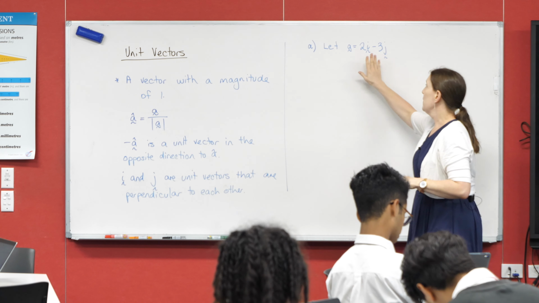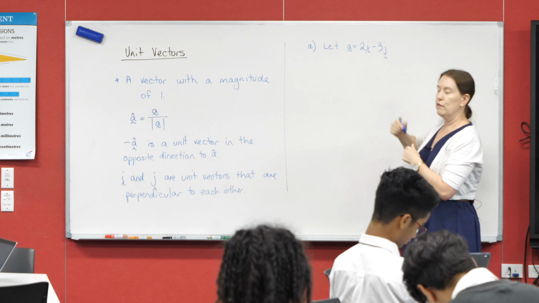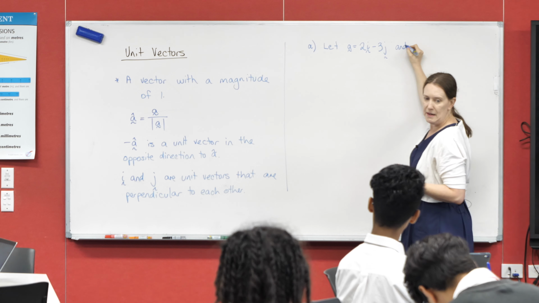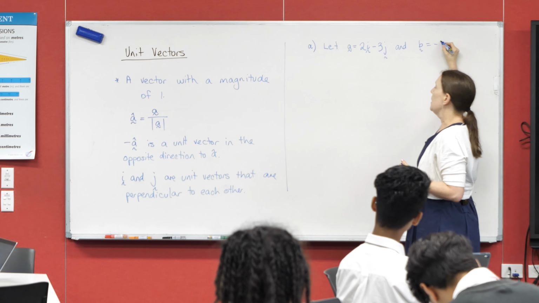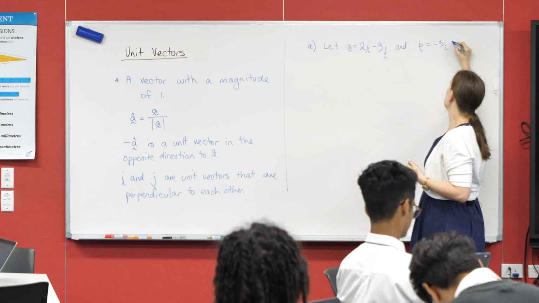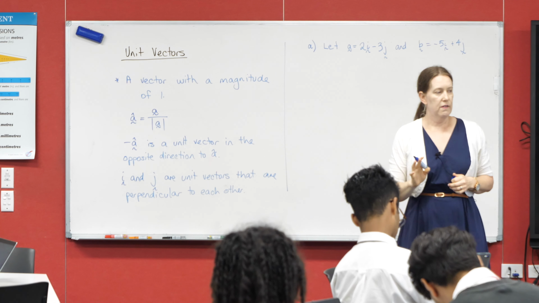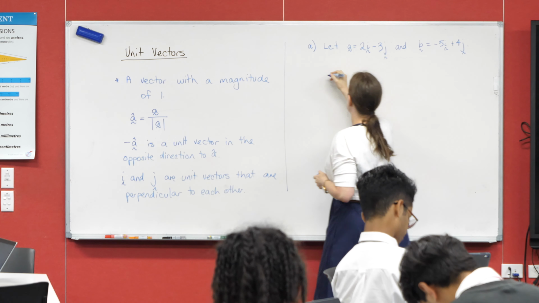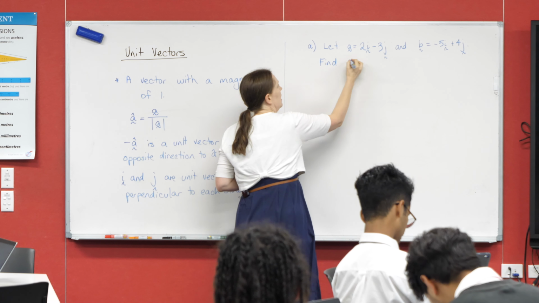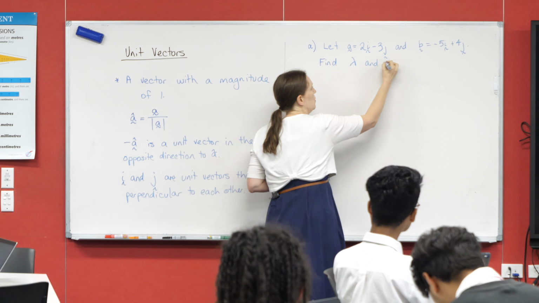So for this example, we've got our unit vector or our component form, which I know you guys have already been introduced to. -5. So we've got all of our unit vectors up, and we want to find lambda and mu.